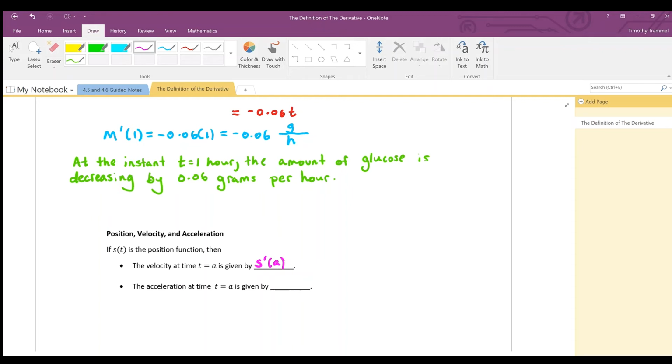Okay. So then, well, if the velocity is the rate at which position is changing, well, what do we call the rate at which the velocity is changing? That's kind of an interesting question. Well, that'll be the acceleration. And actually, let's change that notation for a second. Let's just write this as v prime of a.